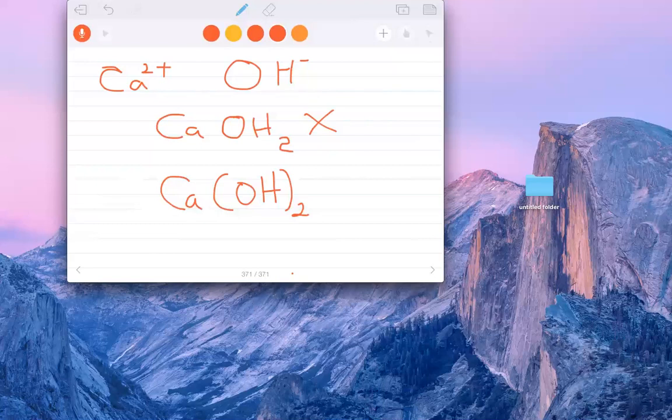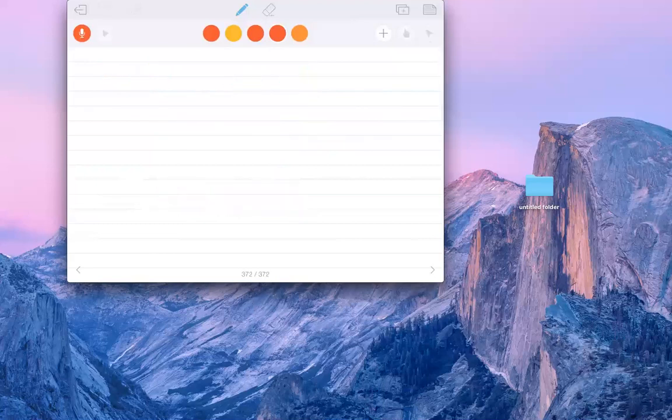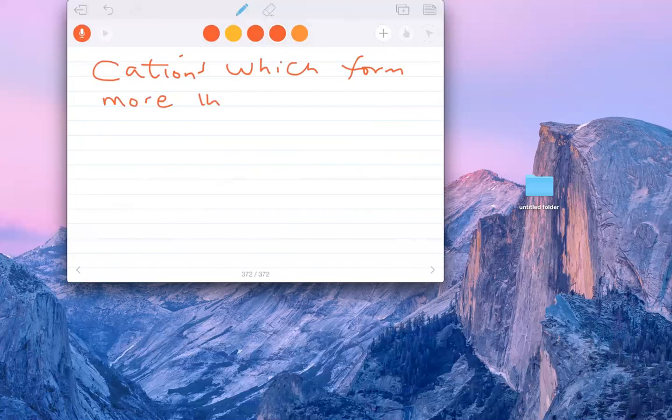Before we look at naming them, for the transition metals, there is a systematic way of naming the cations which form more than one charge, in particular.